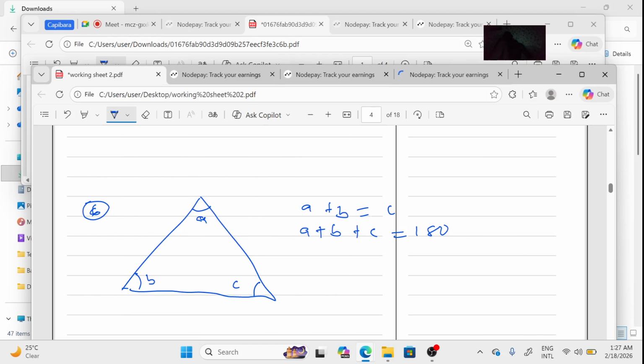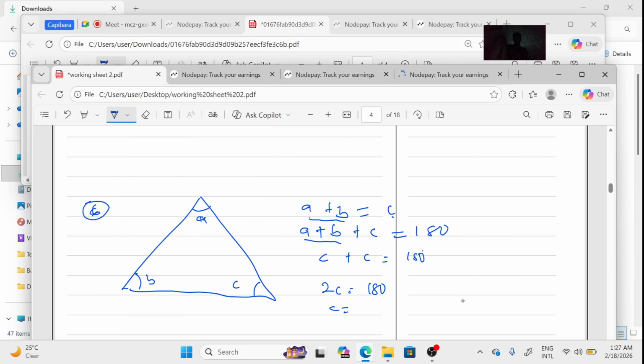Okay, so Shamira, if I were you, I would have said, look at this: A plus B up here is equal to C. So why can't you just make A plus B be C, then C plus C is equal to 180? So that you have 2C equal to 180 degrees.